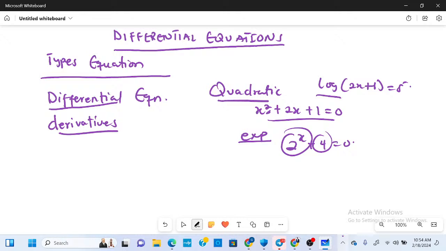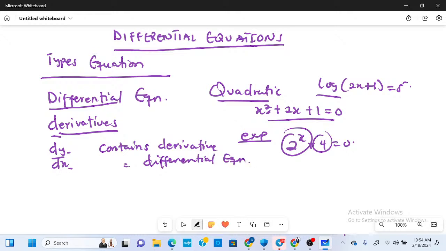You know, derivatives are represented as dy over dx, that is changing a function y over changing a function x. So any equation that contains a derivative is called differential equation.